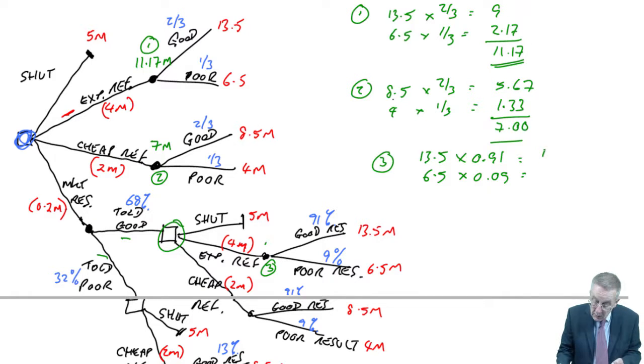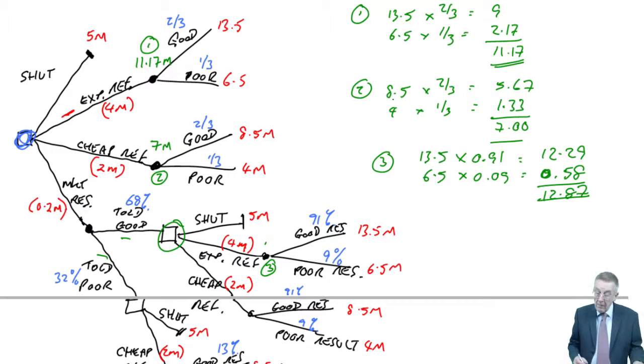So multiplying gives 12.29, with a bit of rounding, plus 0.58, giving 12.87.